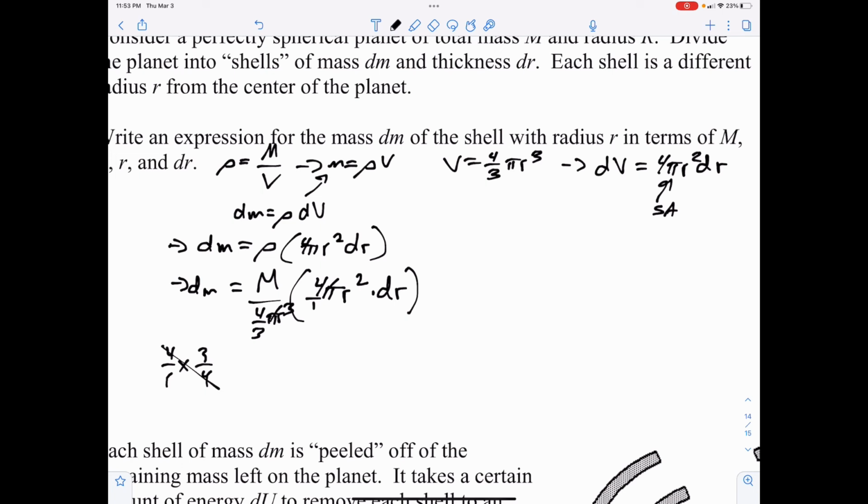One of those factors is going to cancel. This is big R cubed, the radius. This is little r squared. And so what we end up with is the differential mass is equal to 3 times m r squared dr, and then just over the R cubed that's left over.